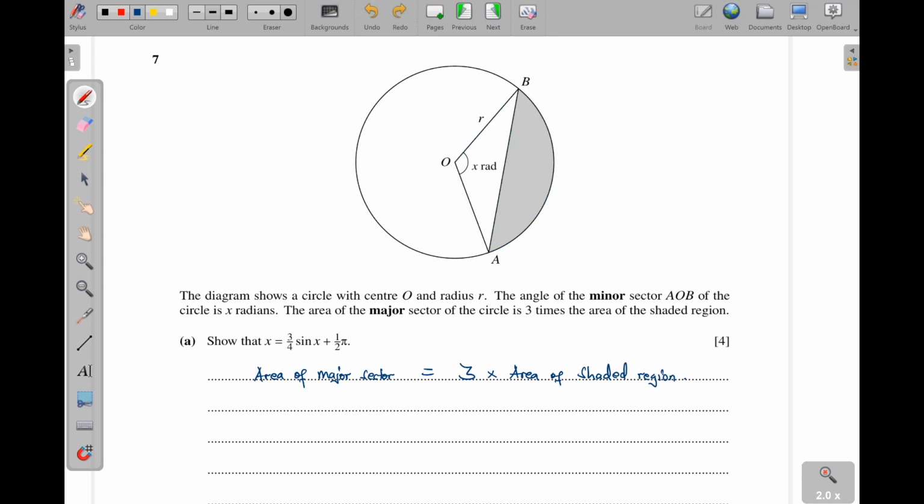So this one is going to be 3 times, since they have said major sector, then this one is the minor sector. So area of minor sector, then subtract area of the triangle.